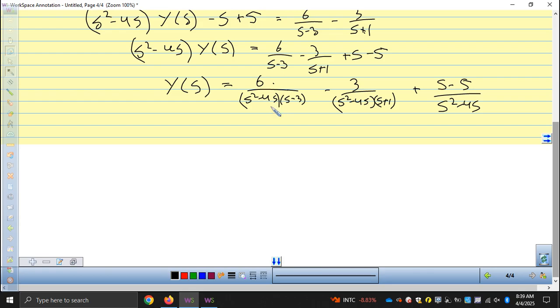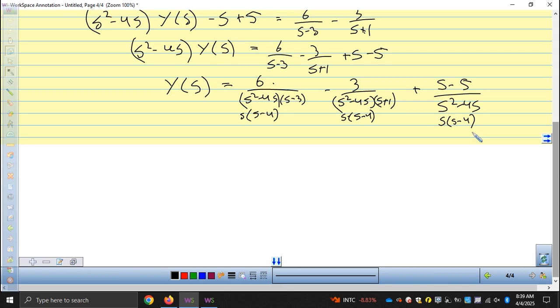And I would factor this. I'm going to factor this to s times s minus 4, and this is s times s minus 4, and this would be s times s minus 4 also. So we have 3 sets there of nice partial fractions that we end up doing here.